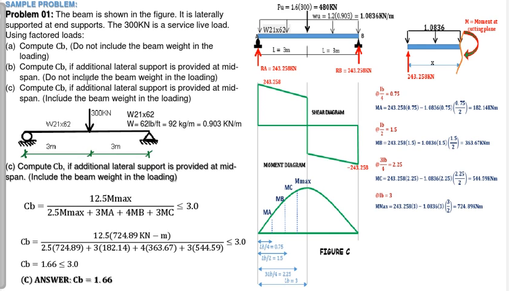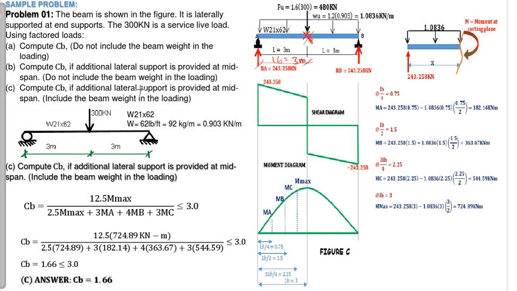This time, meron tayong additional lateral support provided at midspan and we have to include the beam weight. So, yung LB natin is 3 meter. Kasi pag maglalagay daw tayo ng support dito sa midspan, meron tayong support dyan, ito na yung magiging LB natin, which is equal to 3 meters.